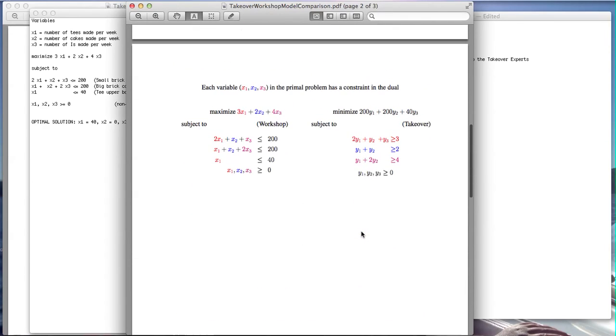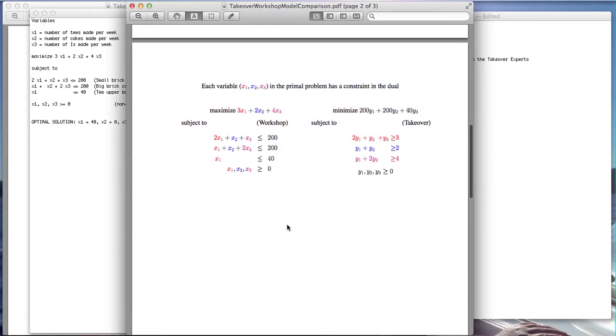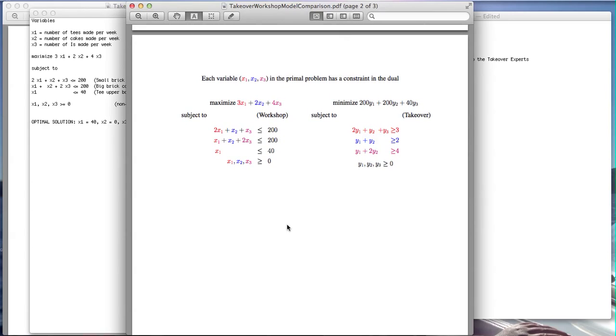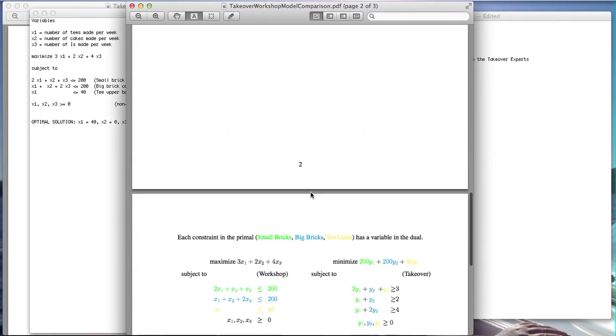So every variable has an associated dual constraint, and the dual constraint takes the coefficients of that variable in the different constraints of the primal problem. Like I said before, there's also a relationship between dual variables and constraints in the primal problem.